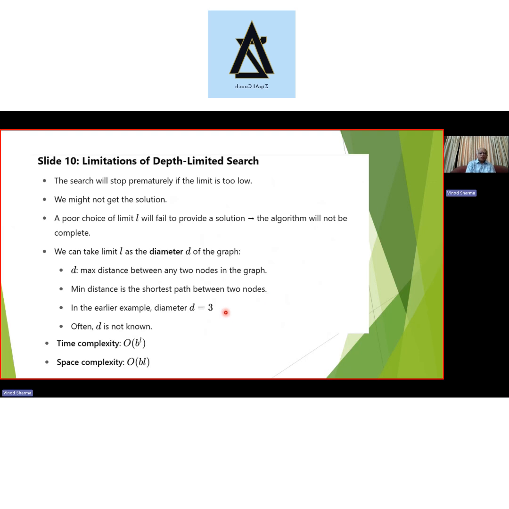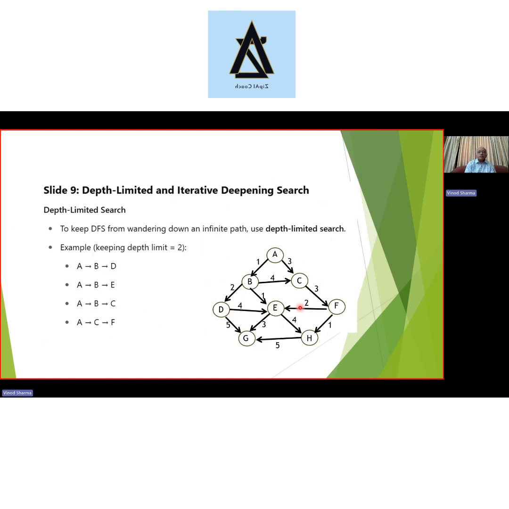For example, in our previous example, the only example we are considering in this video again and again, the diameter of the graph is 3. You pick any two nodes, you will be able to go from one to the other within 3 steps. If you take D and H, from D you can go in 2 steps.